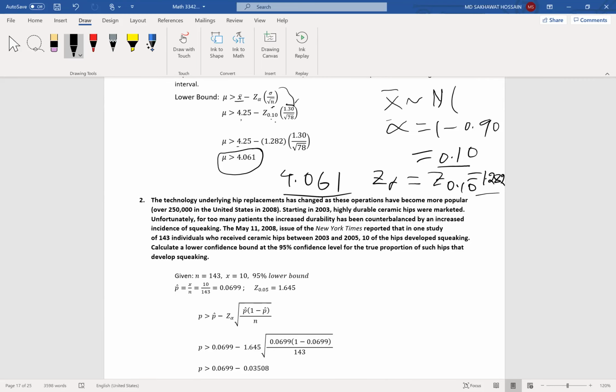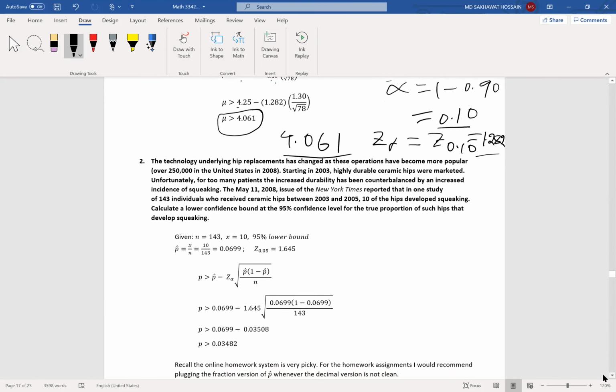Okay, so we'll go over another example, and this is a one-sided confidence interval for parameter P. Here we are given the sample size n equals 143, so 143 individuals who received ceramic hips between 2003 and 2005.